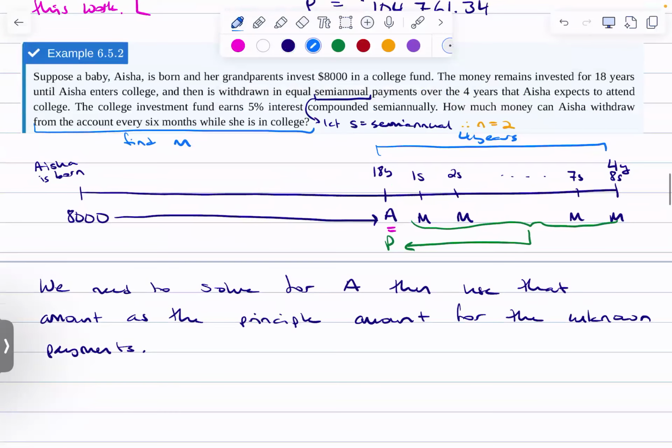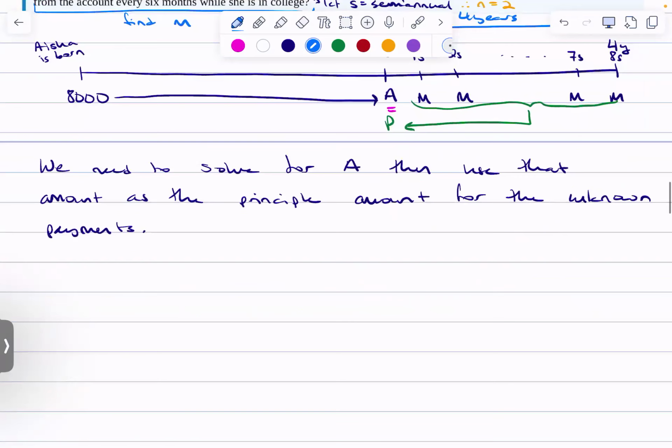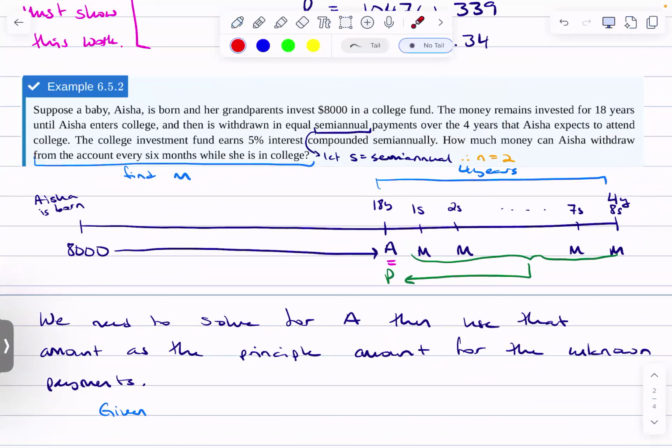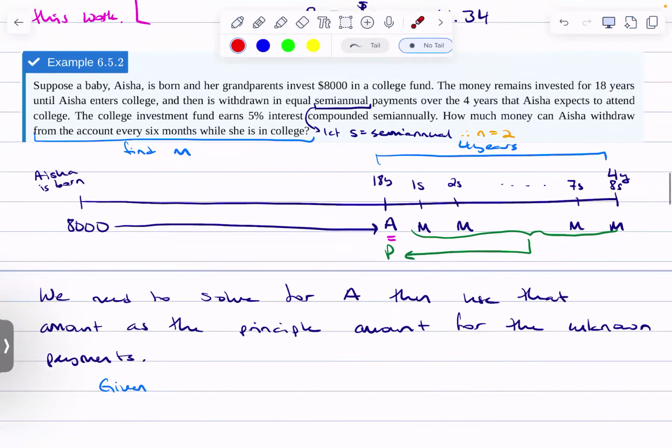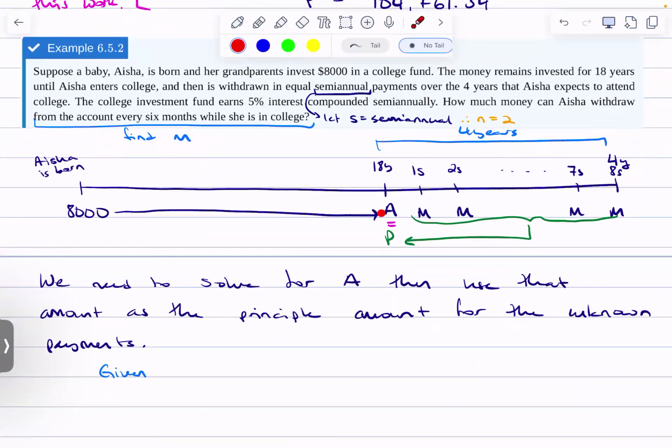I wish I had more room, but anyways, what are we given? We're given $8,000 is invested, and that part is relatively straightforward.